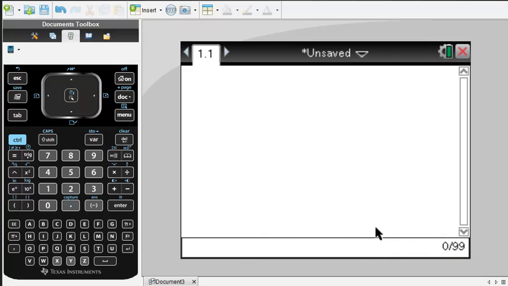Alright, so we've got P, which is 3.85 times 10 to the 26th power, right?